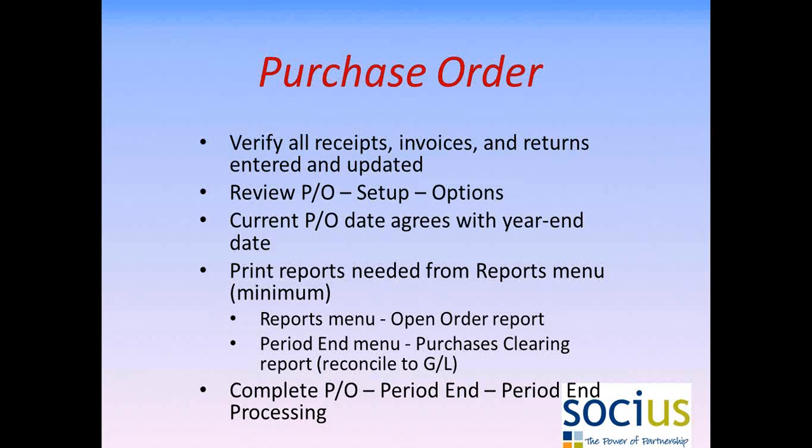If that printer has a malfunction and Sage 100 doesn't realize that, then the reports aren't getting printed, but now you've closed your period end, so some of that data you can't get back. So I always recommend printing any of the reports needed from the reports menu, making sure everything is reconciled, and then go to period end processing and just run the period end without printing any reports from that.